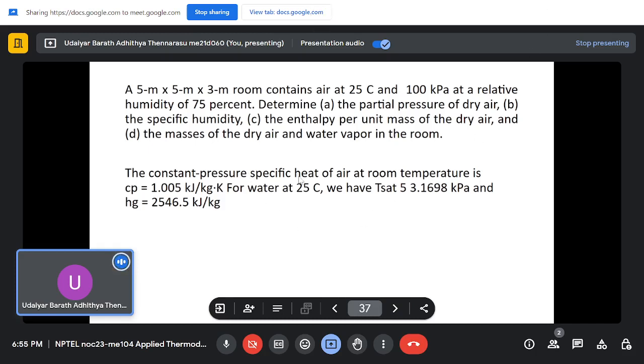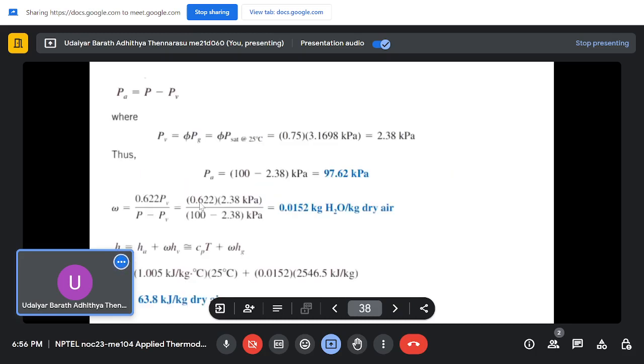So what is given is Cp of air is 1.005, and for water at 25 degrees Celsius, the saturation pressure is 3.1698 kilopascal, and the corresponding enthalpy of vapor is 2546.5 kilojoule per kg. Now we know the saturated vapor pressure, which is 3.1698 kilopascal.